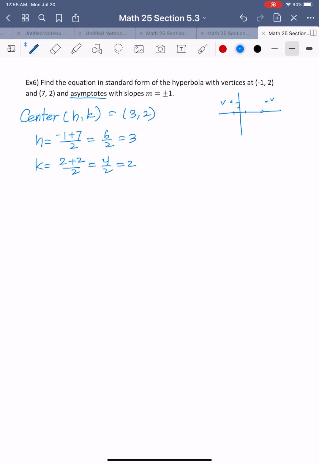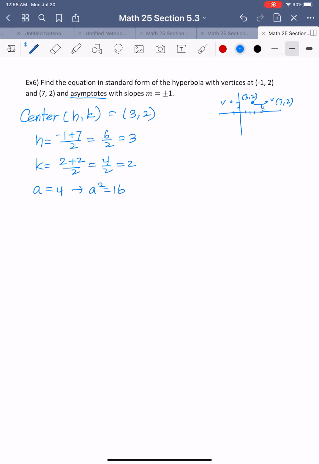And since it's asymptotes, the center is 3 and 2, about here. And then the distance from the center to the vertex is going to be a. This is 3 and 2, and this is 7 and 2, so this is 4. So a is 4, which means a squared is 16.